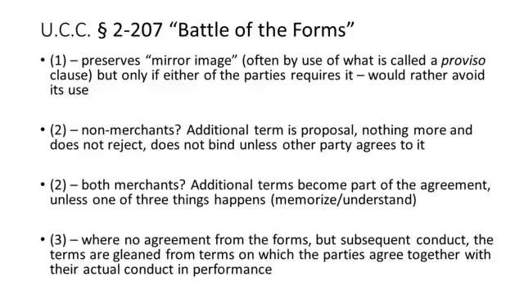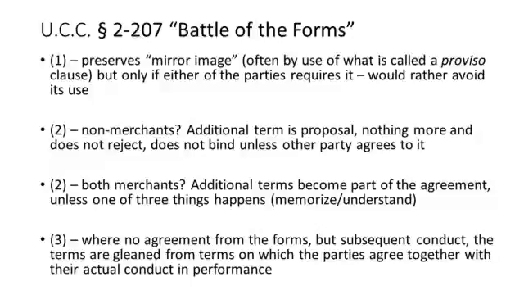Okay? So, if we are non-merchants and I agree to everything that you send to me with regard to widgets, and I write another term that you didn't include, however, I need them all to be blue, we might still have an agreement since it's a sale of goods, but the blue term simply falls out. Because if we're not merchants and you didn't agree to it, you're not bound by it.